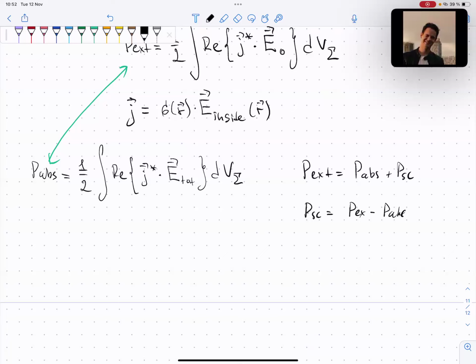We will get this expression for scattering and extinction cross-section in terms of these Mie coefficients A and B. And I will explain to you some notions of what a scattering channel is, and I think we will look at different regimes of scattering, because we have different regimes when the particle is very small or very big compared to the wavelength, and so on and so forth. So something like this. Do you have any questions?